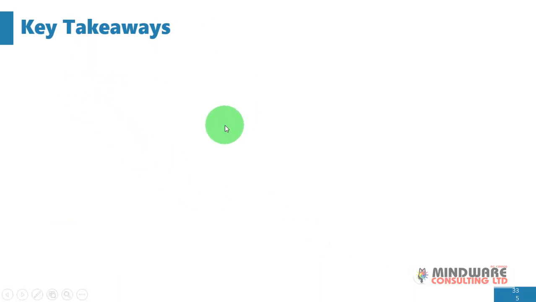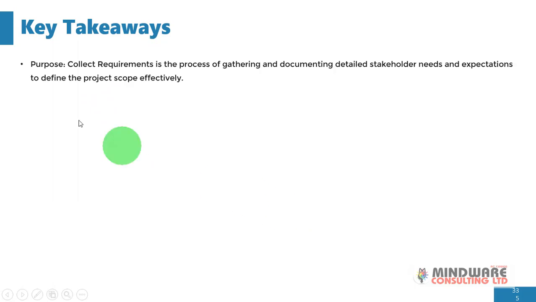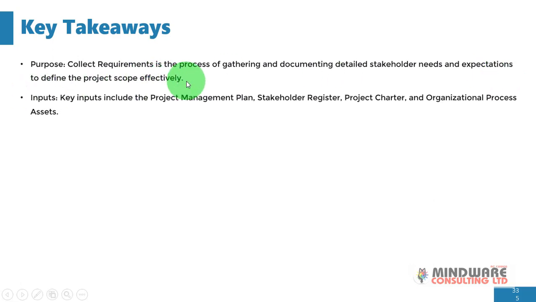So what are the key takeaways from the collect requirements process? Firstly, the purpose of the collect requirements is the process of gathering and documenting detailed stakeholder needs and expectations to define the project scope effectively.